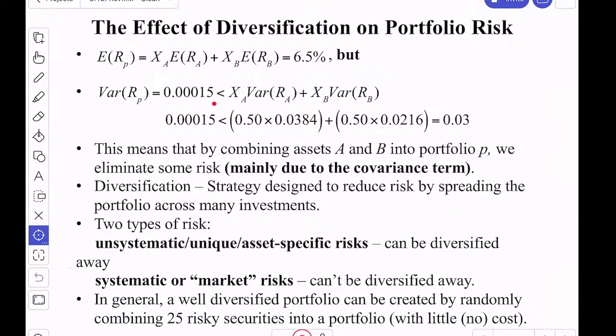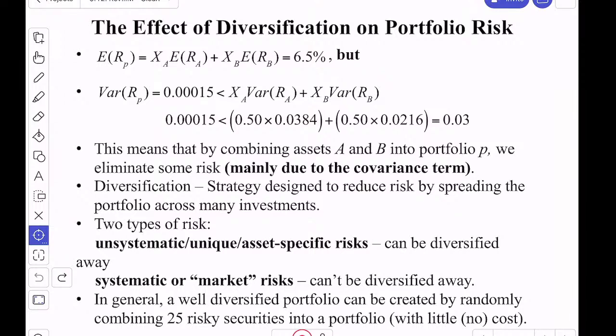But this is what you actually get, so much smaller. This means that combining assets A and B into portfolio P, we eliminate some risk mainly due to the covariance term. This is known as diversification and is a strategy designed to reduce risk by spreading the portfolio across many investments.